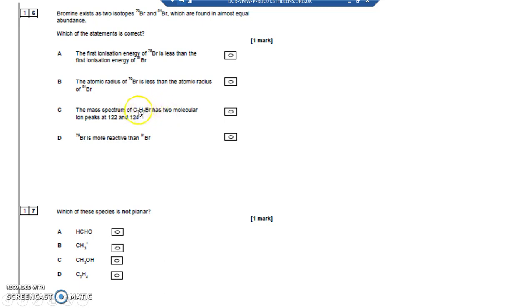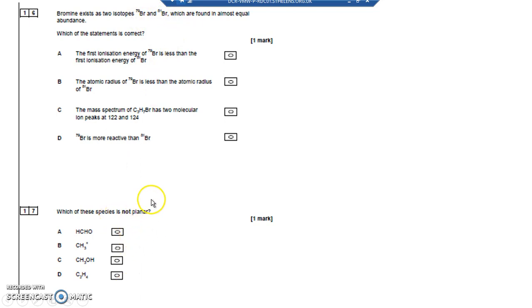And then when you make it a positive ion, a molecular ion, and measure its mass, you'll find that its mass is different in each case depending on whether the Br is a 79Br or an 81Br, so its mass changes between the two molecules depending on what kind of isotope of Br is in there.